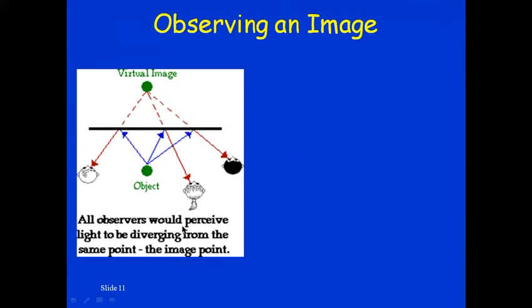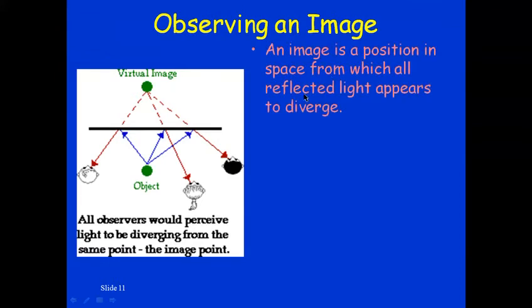All observers would perceive light to be diverging from the same point, that is the image point. It seems to everyone as if the light is coming from where they see the image. An image which is formed on the other side of the mirror, where there is actually no light, that image is called a virtual image, and sometimes it is also called an imaginary image.